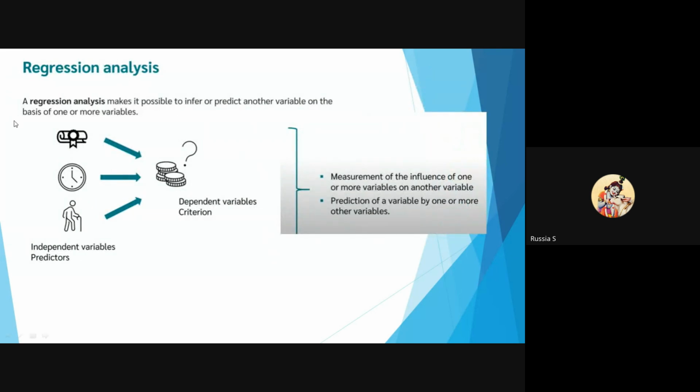Next, regression analysis makes it possible to infer or predict a variable on the basis of one or more variables. In this picture, these are the independent variables, the predictors. The inputs here are the education profile, then working hours, then age.